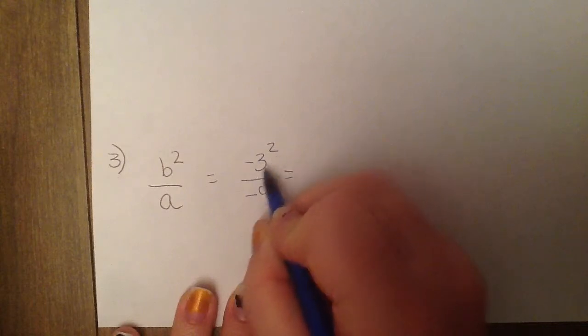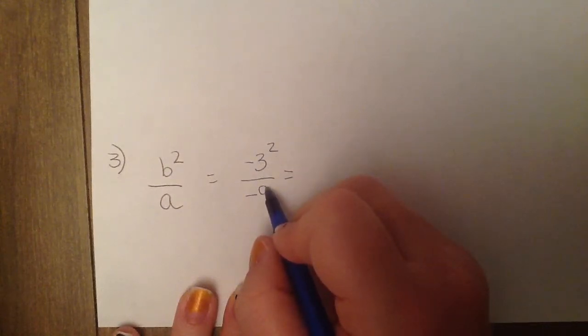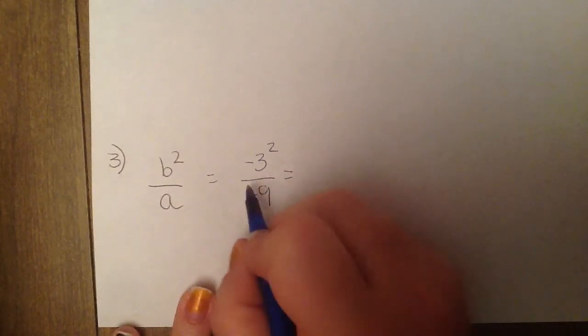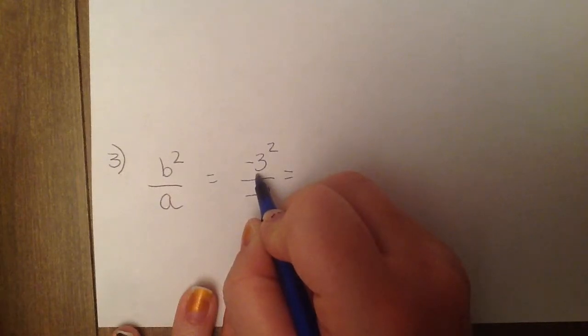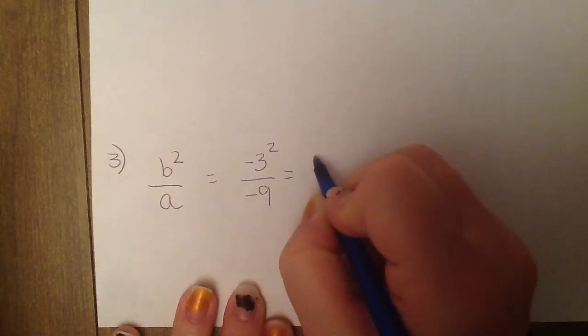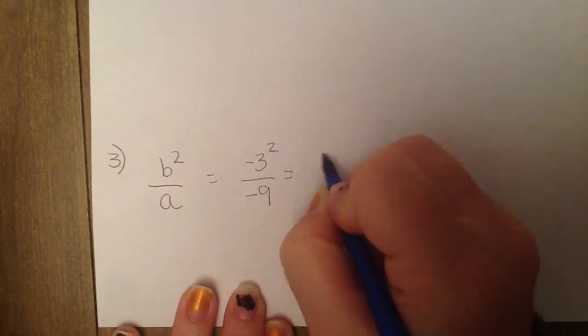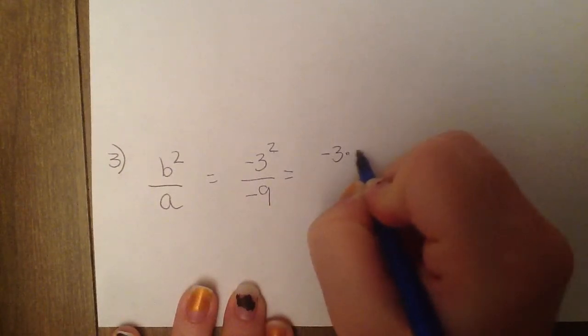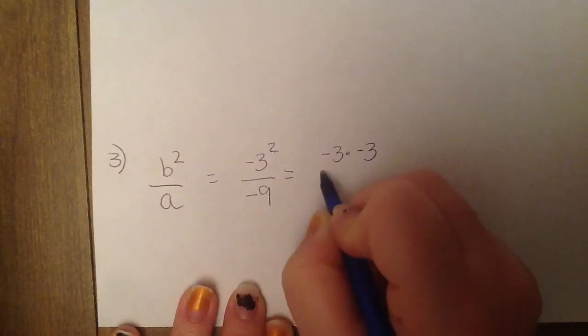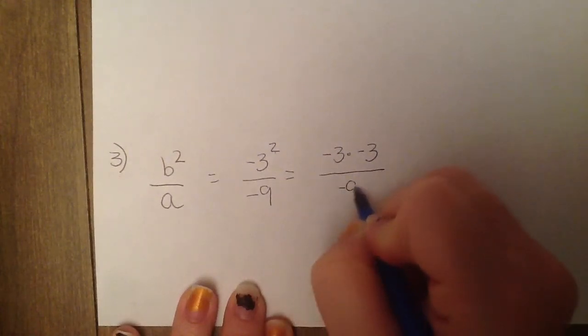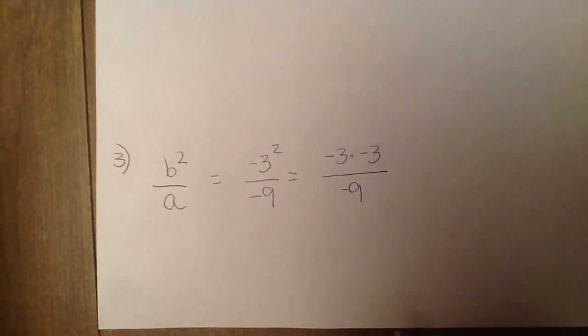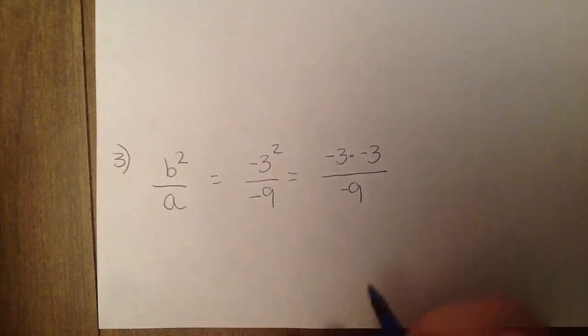So -3 squared, what number repeats? Right, -3 repeats. How many -3s will we have? 2 of them. -3 times -3, all over -9. So -3 squared means -3 times -3.